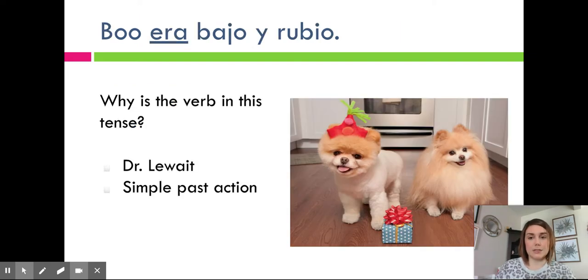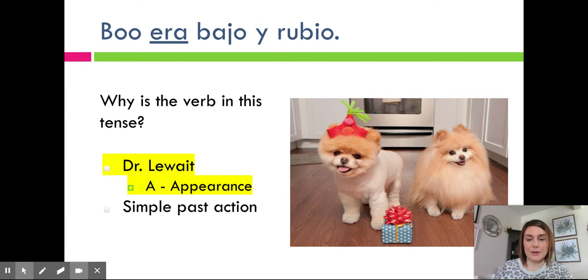Here we have a sentence describing Boo. Boo era bajo y rubio. Why is the tense in the sentence used? It's the imperfect. So is it Dr. LeWaitt or a simple past action? Good. It is the imperfect because it's Dr. LeWaitt. We're describing his appearance. He was short and blonde.